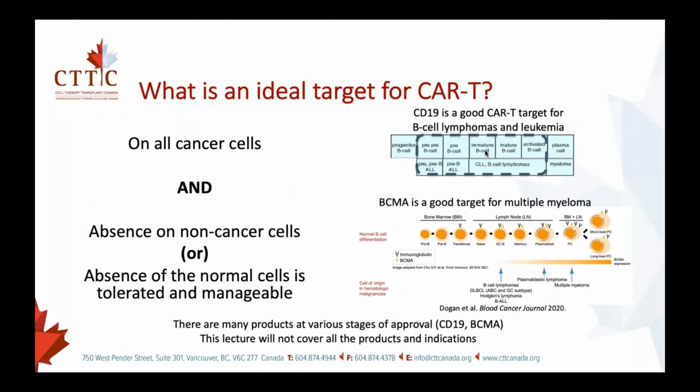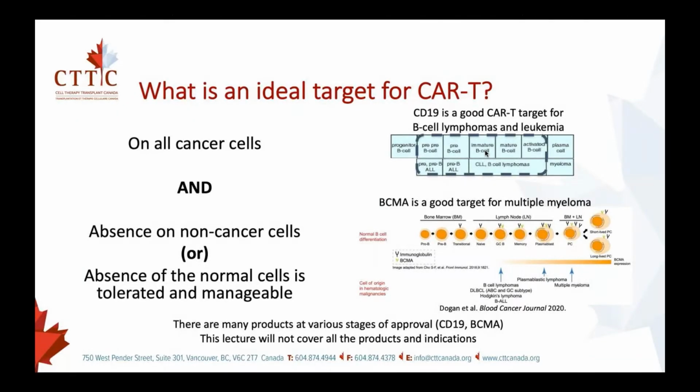So what makes an ideal target for CAR T? Well, very basic principles are that it's on all cancer cells and absent on non-cancer cells, so that we don't get damage to the non-cancer cells in our body. Or if we do have to get rid of some normal cells in our body, that absence of those normal cells is tolerable and manageable.